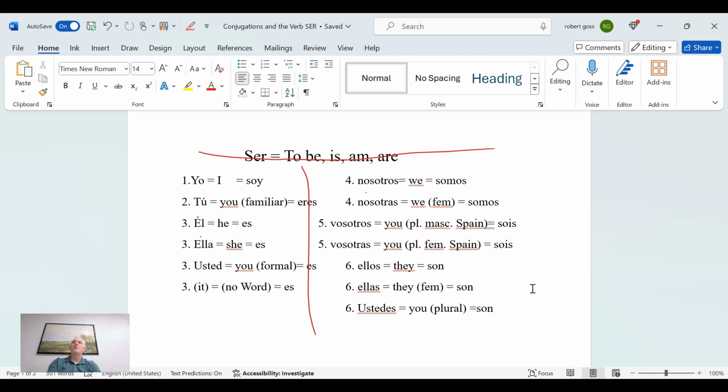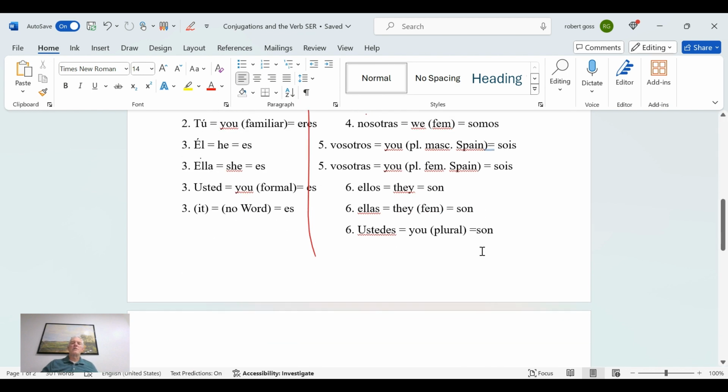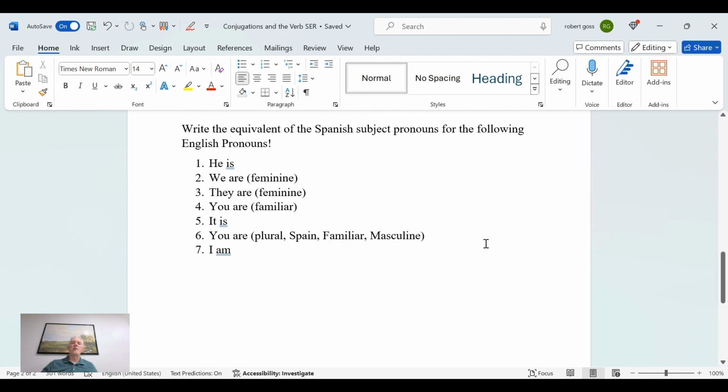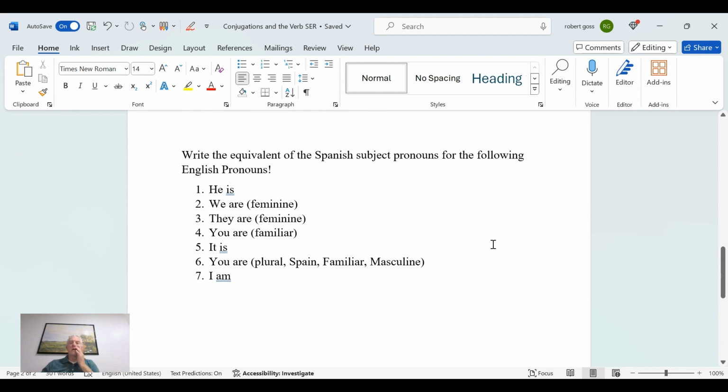Well, if I went to the next sentence, I could probably just say es, because we already know from the context that we're talking about John. So we don't always have to put the pronouns in front like we do in English. So él es, ella es, usted es, it, we would just say the word es, meaning it is. Okay, so that's kind of the idea. Well, let's do a little exercise down here, and it'll be pretty simple.